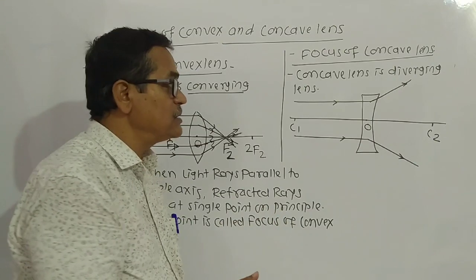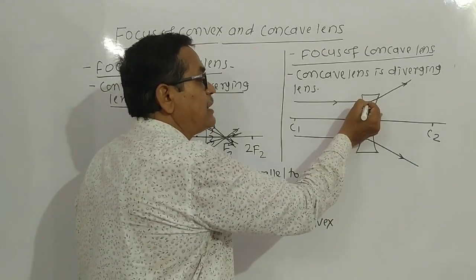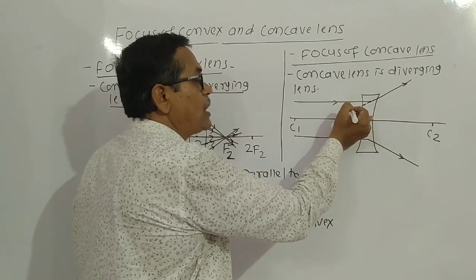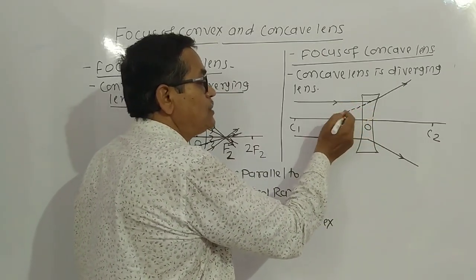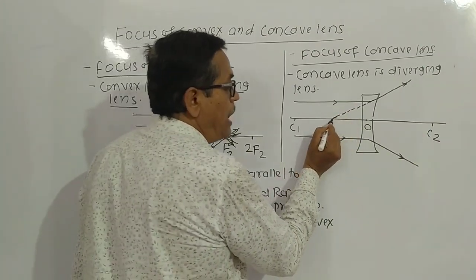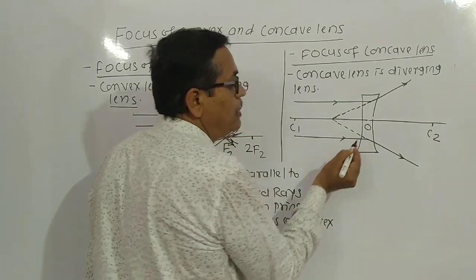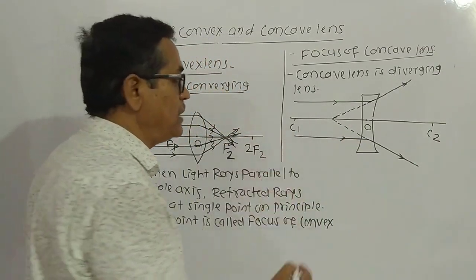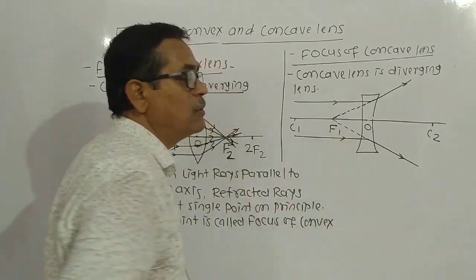Then what is the focus? Imagine that these two refracted rays appear to come from a single point, and it can be denoted by a dot. They appear to come from a single point to the left side of the lens, and that is called the focus of concave lens.